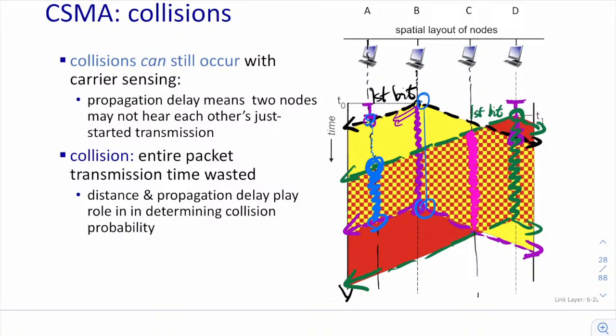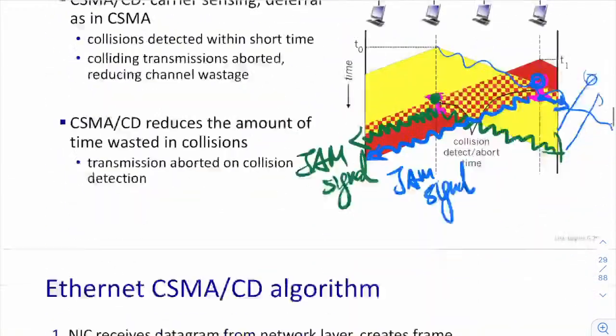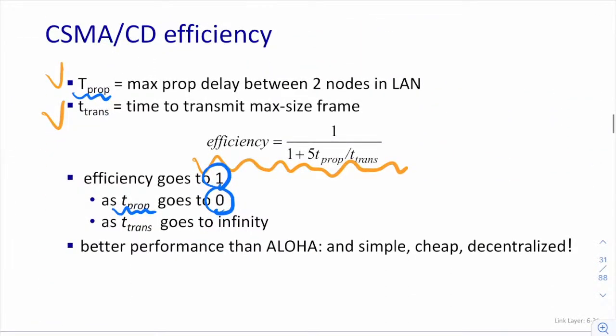So you will have less chance of collision. So right here, if you have a larger transmission rate, you have better efficiency, that means you have less collision.